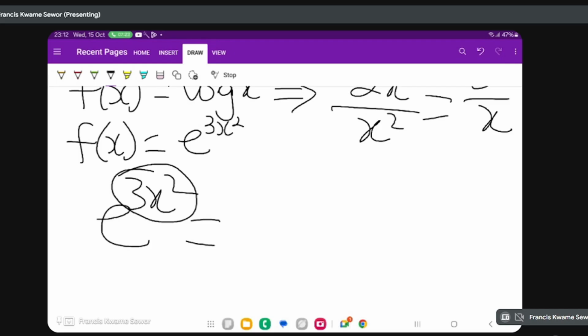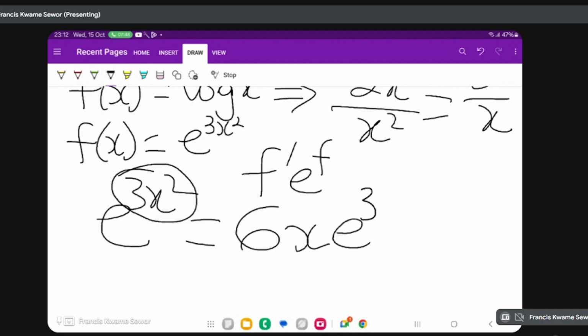We said it is f prime times e to the power f, so we keep the function again. So what are you going to have? We're going to have 6x e to the power 3x squared. Yeah. So these are the things you have to know.